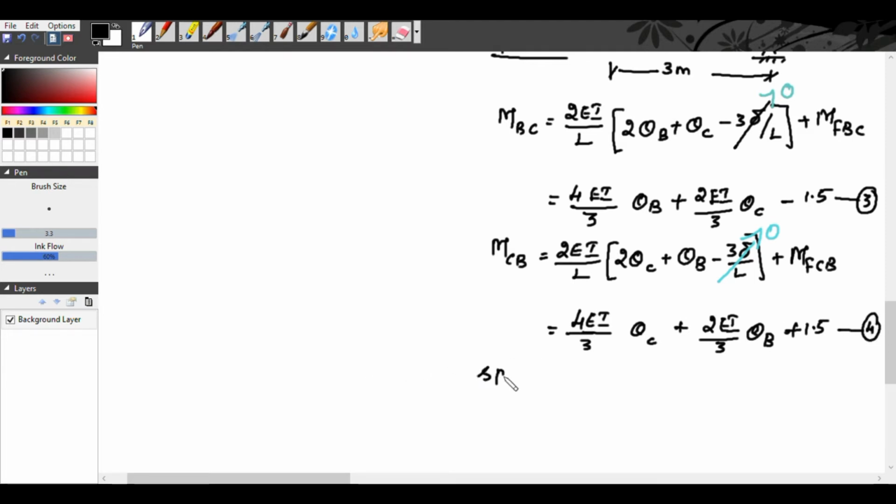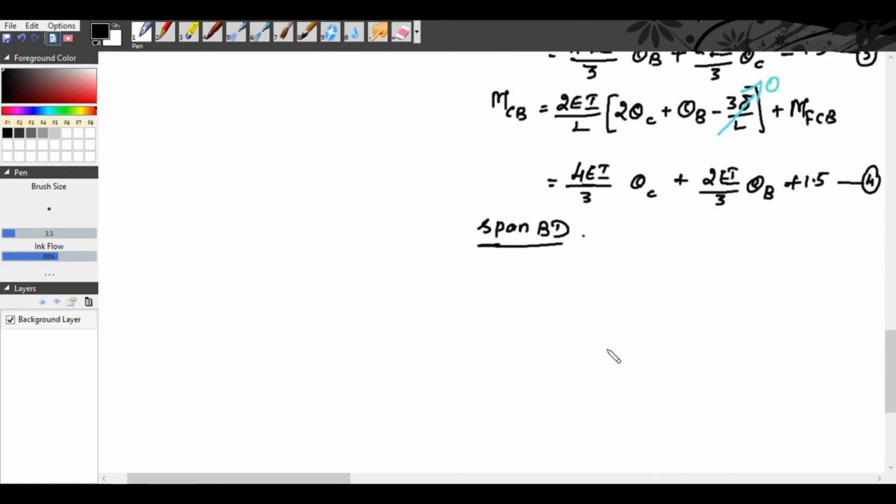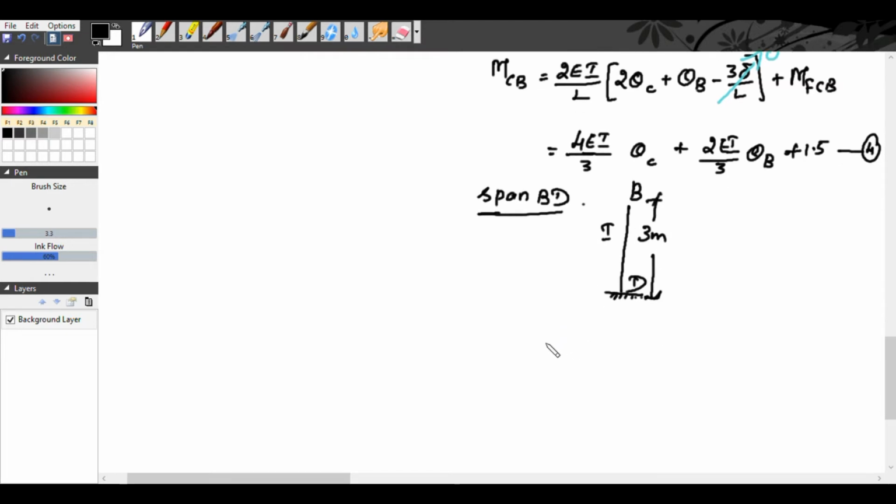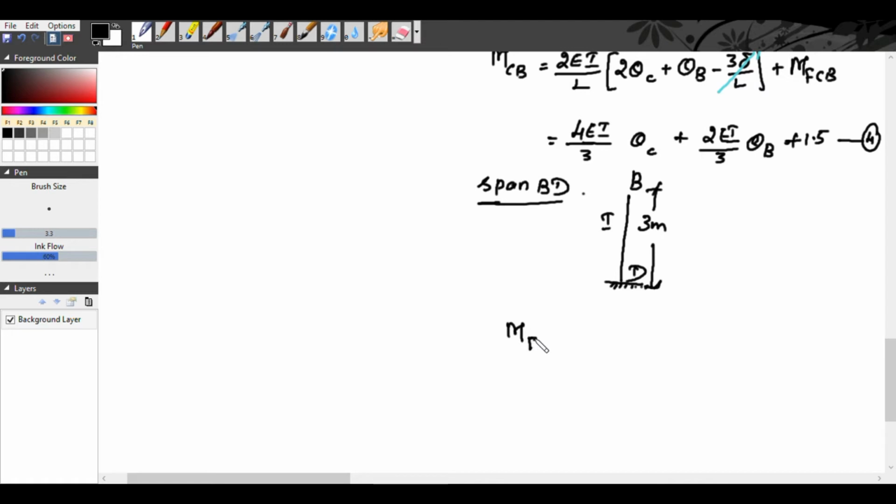Now, we will consider the span BD. While considering the span BD, we know the span BD is like this, right? So D and B, there is no external loading and the moment of inertia is given as I and the span length is 3 meter. So our formula is MBD will be equal to 2EI by L into 2 theta B plus theta D minus 3 delta by L plus MFBD.